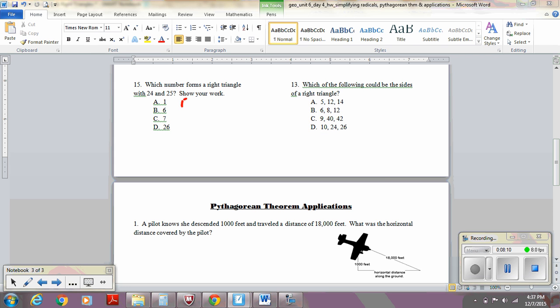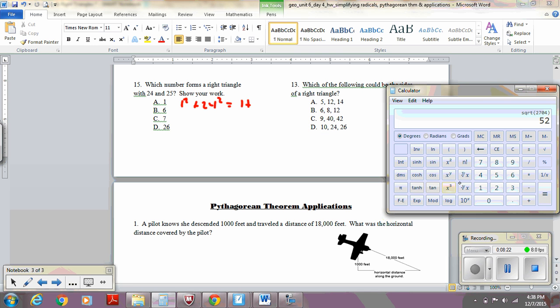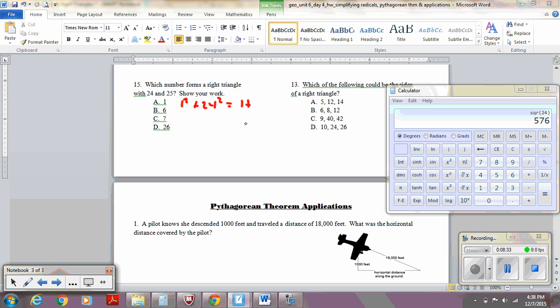So 1 squared plus 24 squared is equal to 1 plus 576, which is equal to 577.